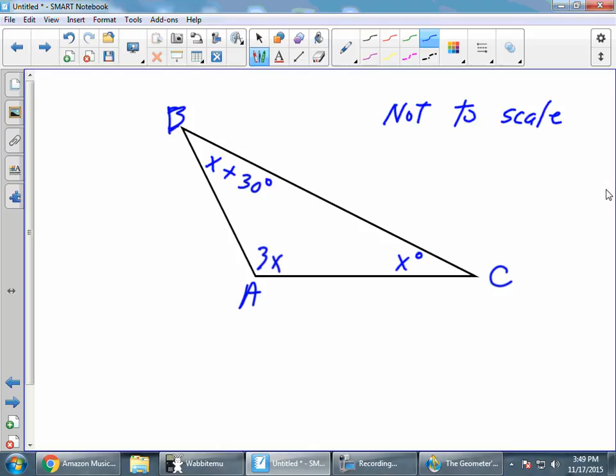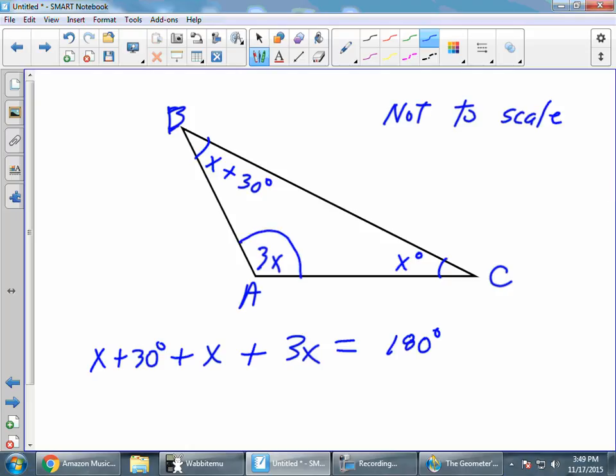But the big thing is, you learned from your triangle sum theorem that the measure of x plus 30 plus x plus 3x equals how much, Joseph? Come on, tell me. You're right, 180 degrees, because the sum of the interior angles of all triangles has to equal 180 degrees.